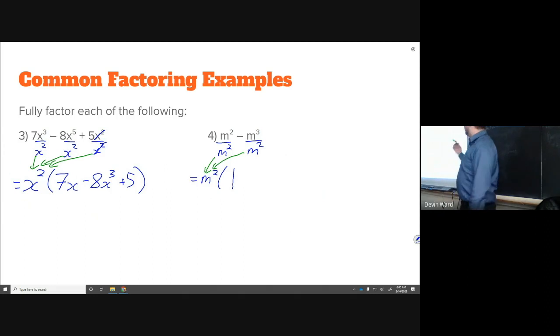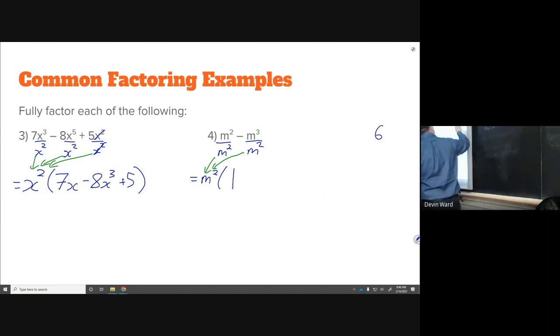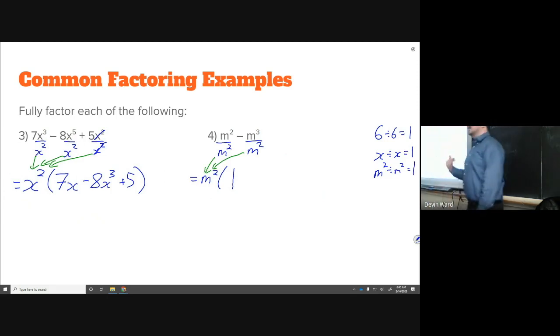Okay, so just like when we divide 6 divided by 6, that equals 1, or x divided by x equals 1, m squared divided by m squared equals 1, okay? Anything divided by itself always equals 1.